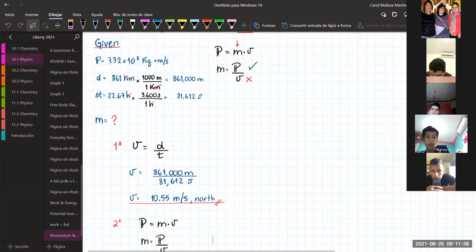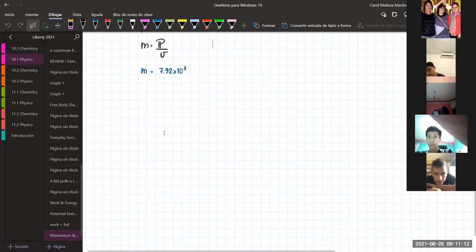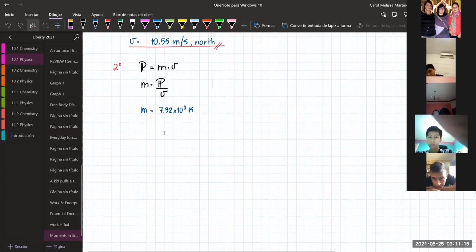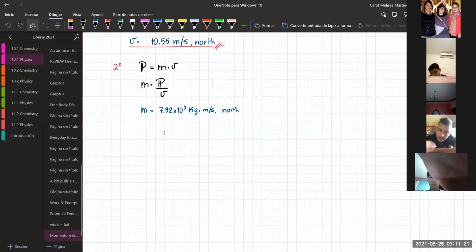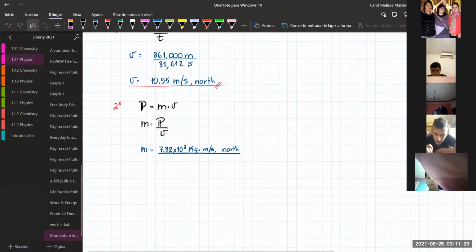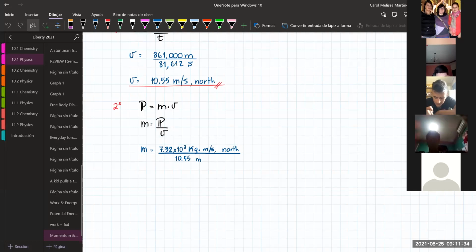The momentum given in the problem is 7.32 times 10 to the 8th power kilogram meters over second north, and the velocity that I found in the step before, that is equal to 10.55 meters per second, also to the north.